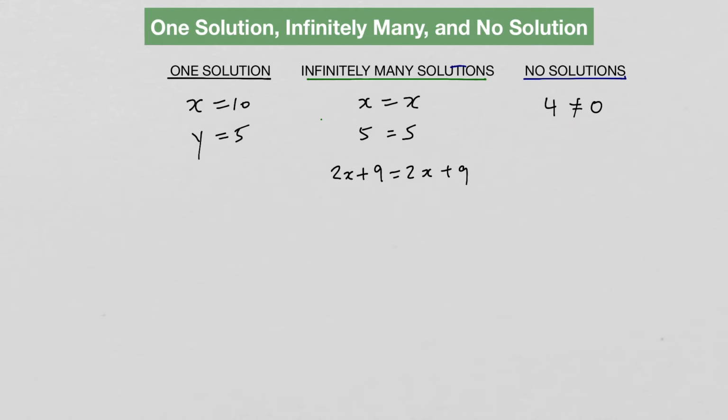Okay, so let's go ahead and take a look at an example. This would be a one solution example. Let's say you had an equation like 2x plus 4 is equal to 10. If we were to solve this, we would subtract 6 from both sides.